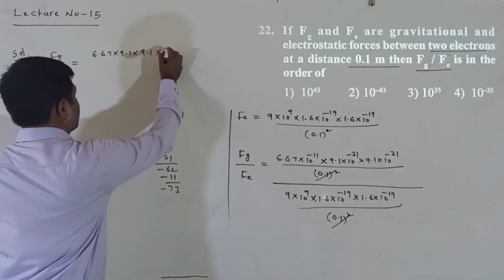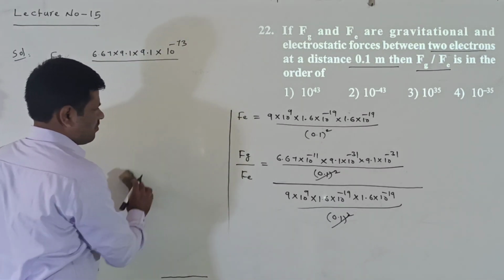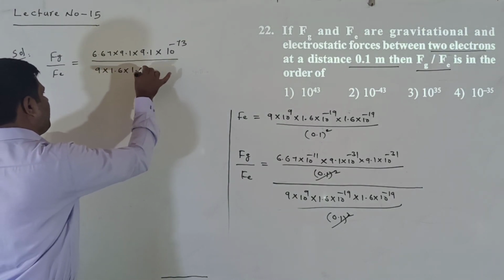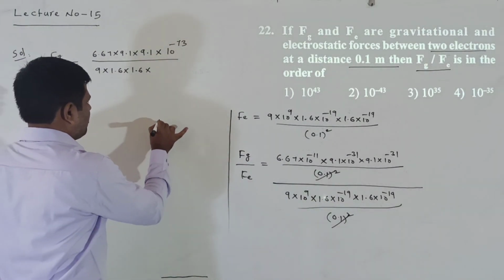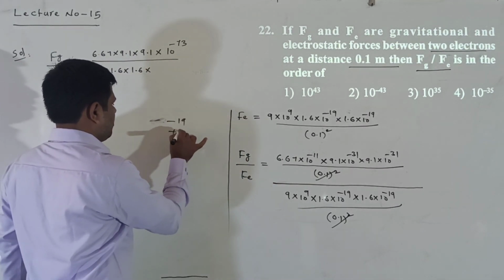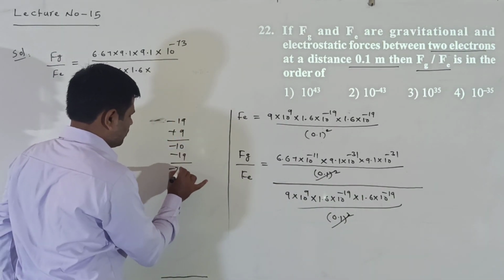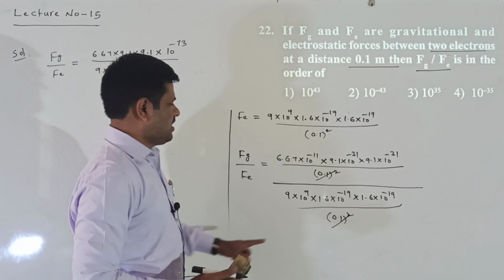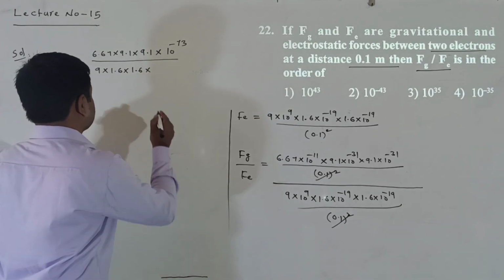In the denominator, 9 × 1.6 × 1.6: minus 19 plus 9 equals minus 10, and minus 10 minus 19 equals minus 29. These are the powers we are looking at.